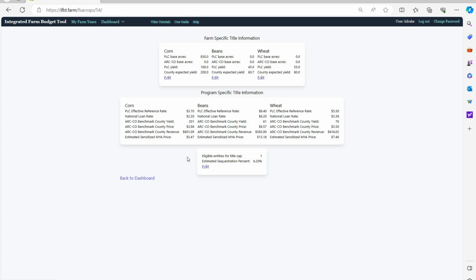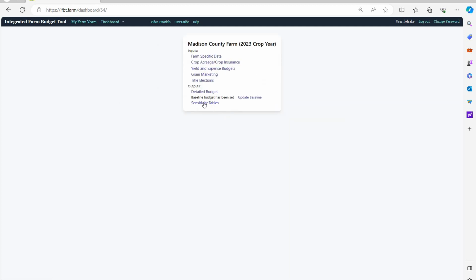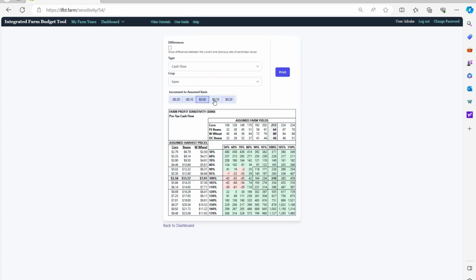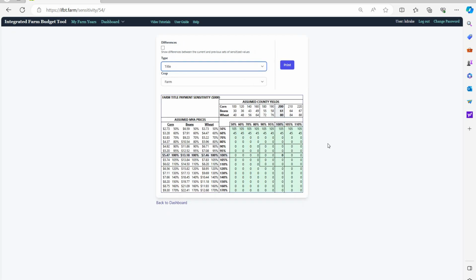What we're going to do is go run our sensitivity tables. When we run those sensitivity tables, the only thing we care about is title. And what you're going to see are the PLC payments that we made to this farm in thousands of dollars, based upon having selected PLC for corn as of March 10th of 2023.